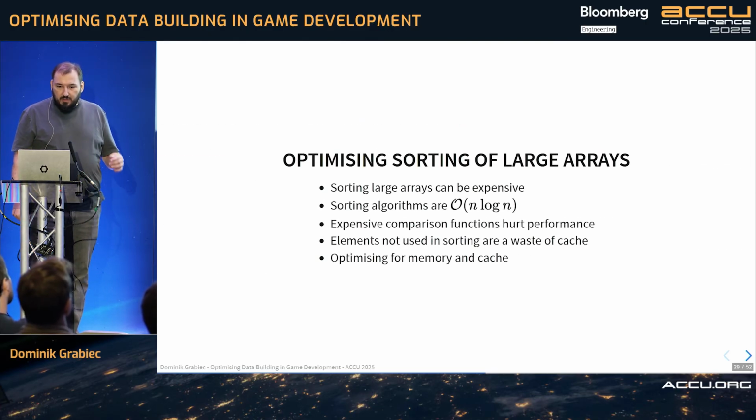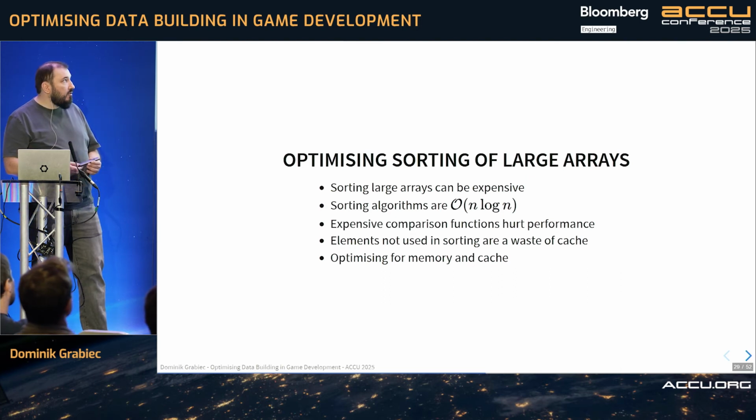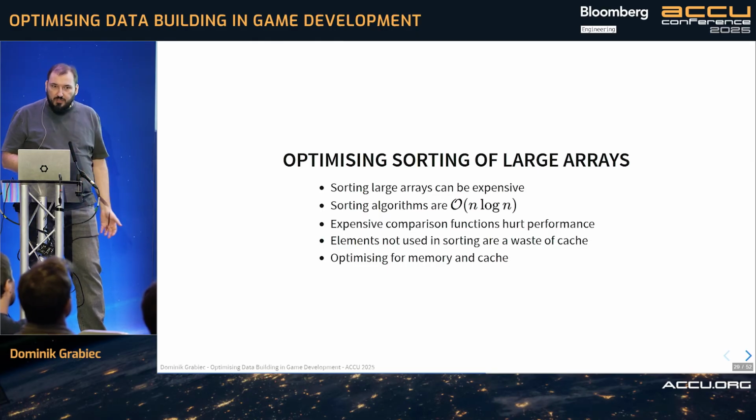Now that we've got the sorting, there's another thing, which is optimizing sorting of large arrays. Even if you do a parallel sort, sorting very large arrays can be expensive, mainly because you're paying n log n complexity. The comparison function is evaluated n log n times, and memory is accessed log n times.